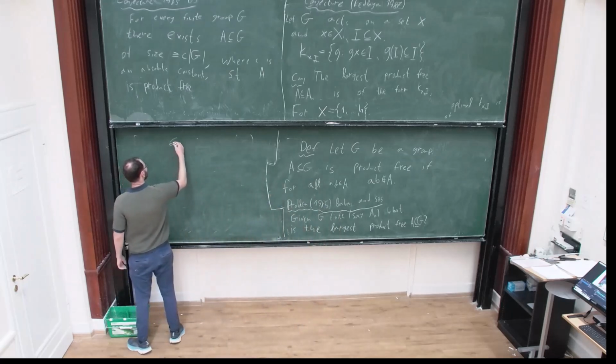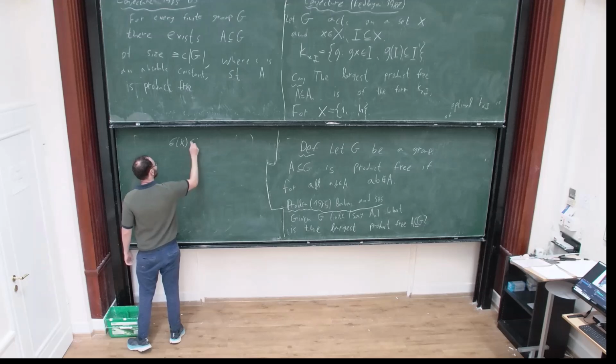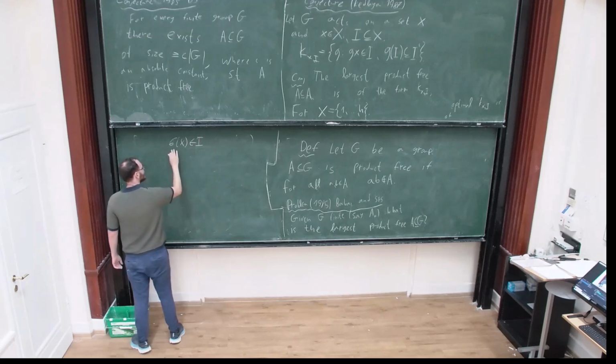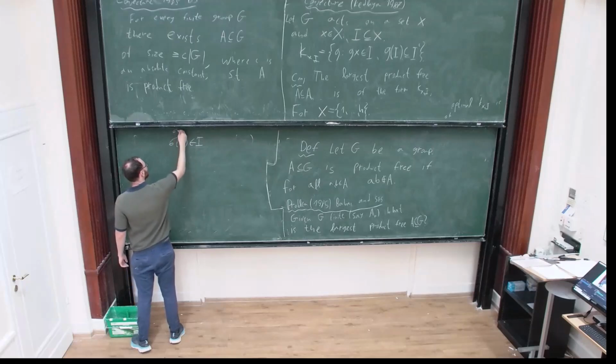So suppose that sigma and tau are in K_{x,I}.